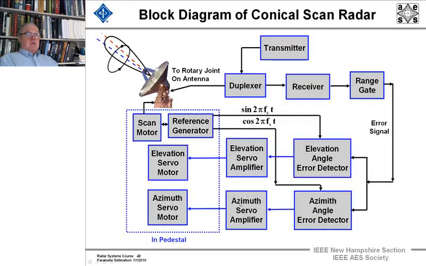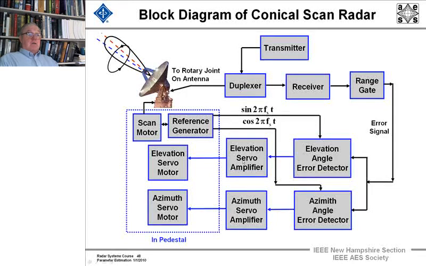And then each of these would go into an elevation and an azimuth servo amplifier, and they would have a reference generator that would reference the frequency of the scanning, and that would feed into this error detector so you'd know the sign of which way to go.